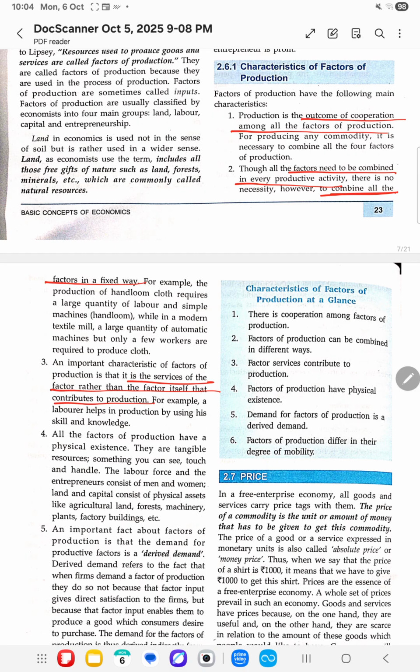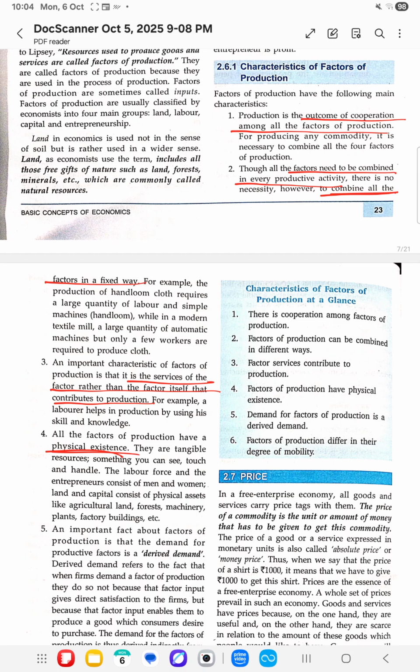Obviously, it is the help that the factor is providing to production that is of need. Next, all the factors of production have a physical existence. They are not imaginary, they are all tangible.